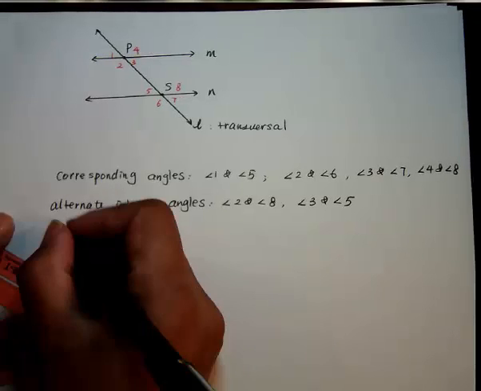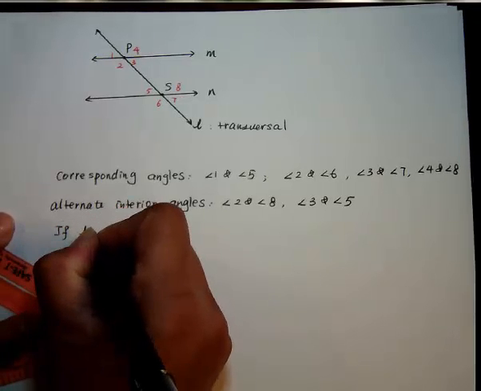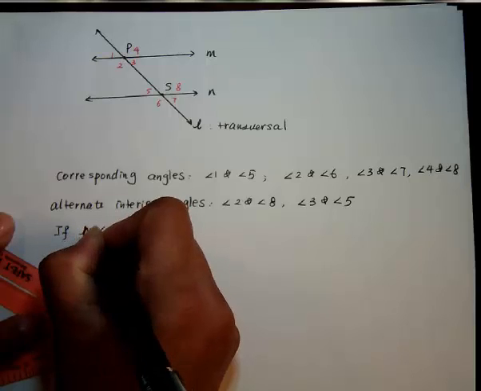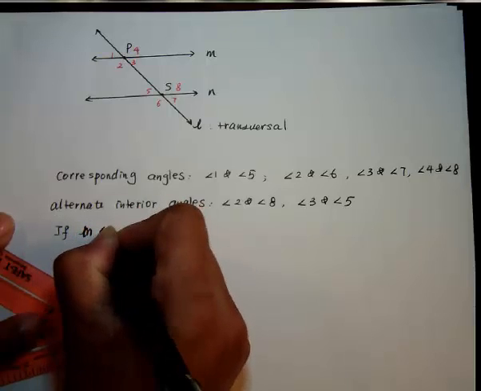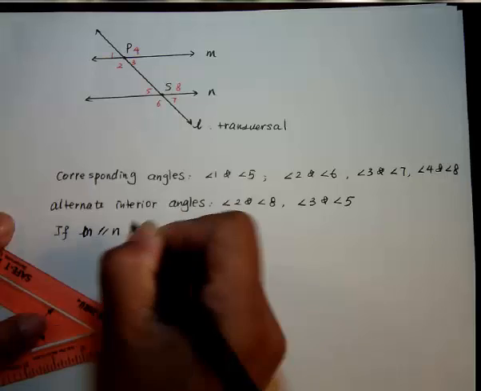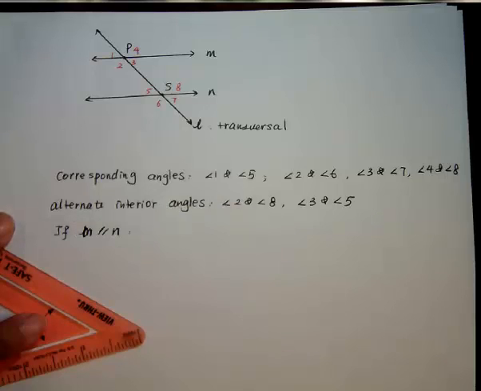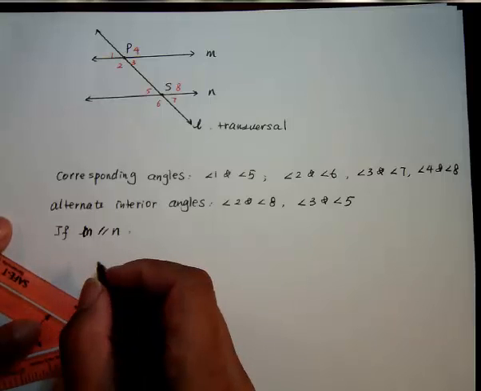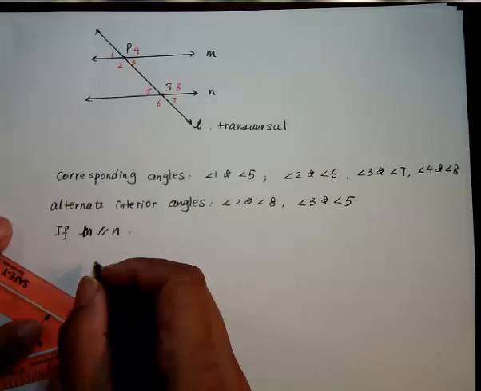If the line M is parallel to line N, and they are both cut by the transversal L, then the following statements are true. The corresponding angles are equal.